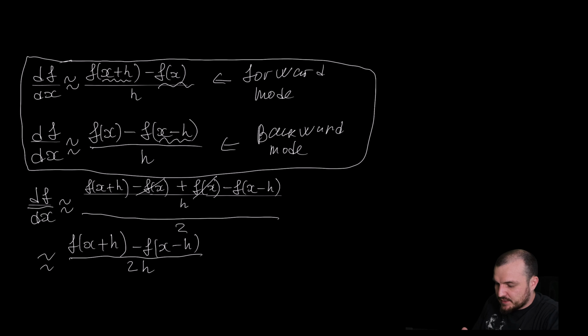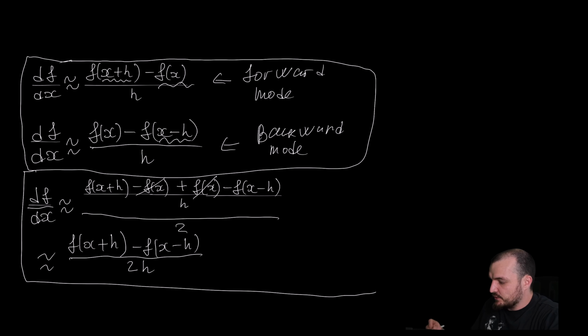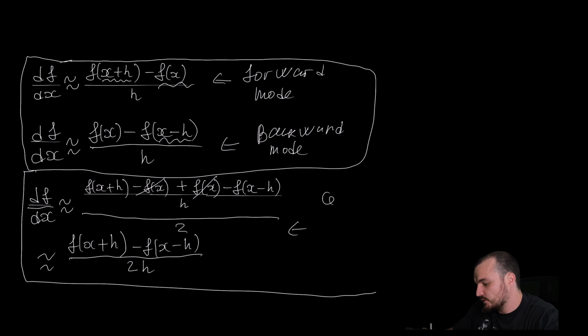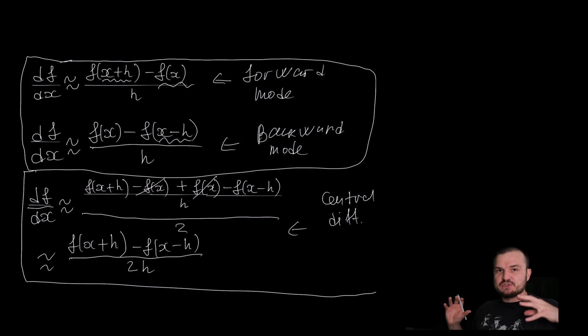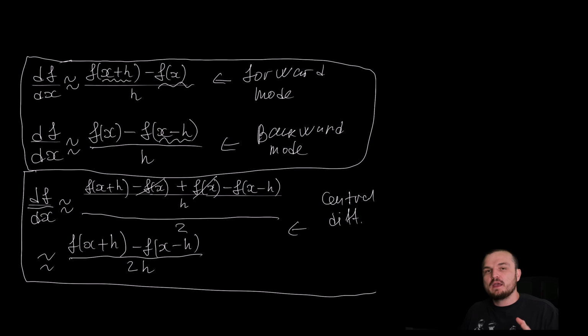And this last method is called the central mode, the central difference. And in most cases, this central difference is the most accurate, the most precise method that we can use to get a numerical estimation of the derivative.